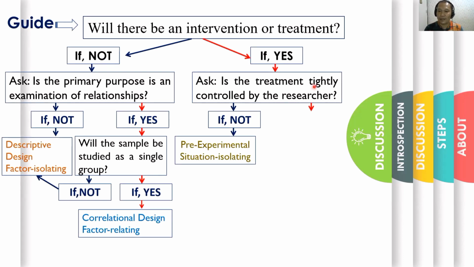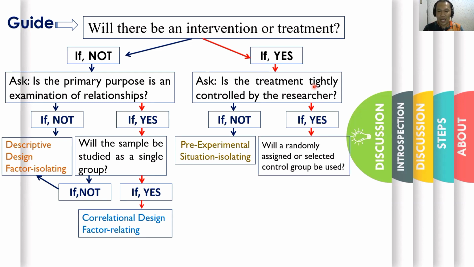what if there is tightly controlled, or there is what we call a control variable or control group? Okay, now you have to ask another question. Will a randomly assigned or collected control group be used? Meaning to say, is the sampling design that we are going to use a random sampling or a non-random sampling?